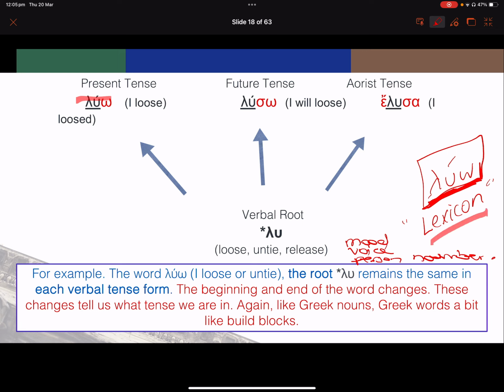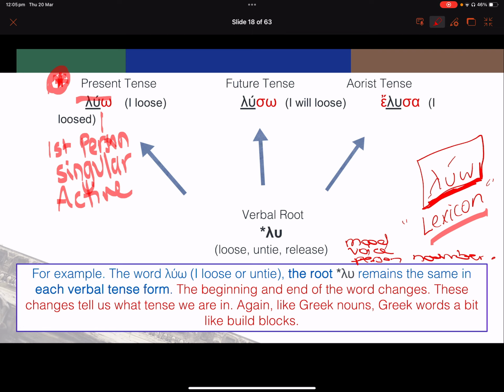But this form is technically known as the present tense. And if we're to be even more specific, it's actually the first person singular form. Active singular form of luo.